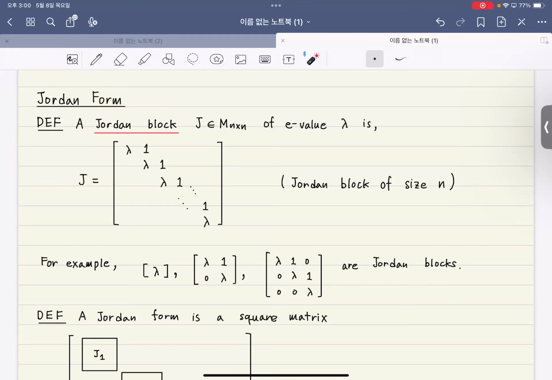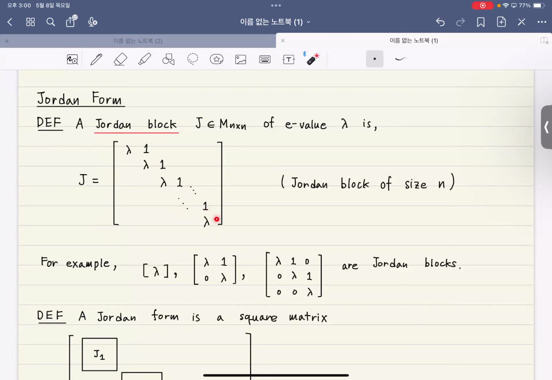A Jordan block is a square matrix. A Jordan block of eigenvalue lambda is a matrix that looks like this. This is an n by n matrix, so this dimension is n and this dimension is also n. I'd say this is an almost diagonal matrix, not completely diagonal.